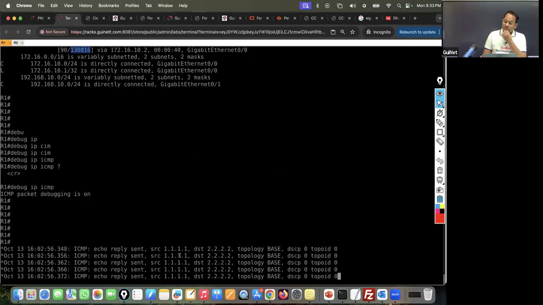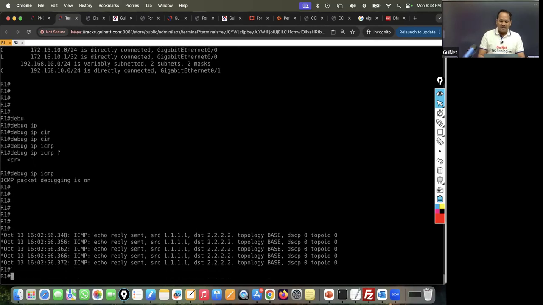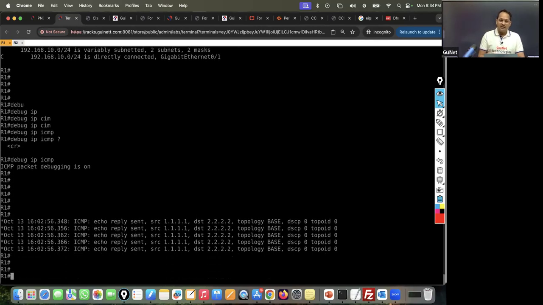This debug is not showing the link information, because debug is just capturing the packet, from which source and to which destination it is going. But if I want to capture the link level flow, then we have to apply Wireshark on both links. Then it is going to show you. Debug is not going to show you the details.